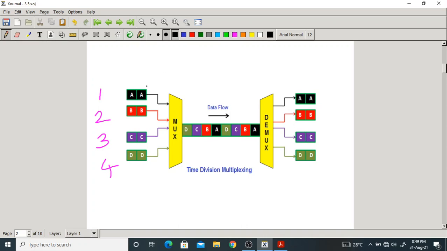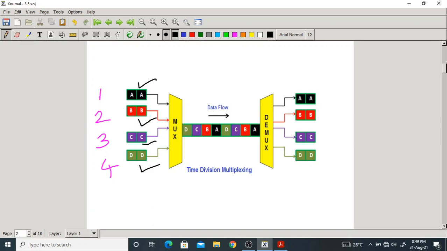We allocate a time slot to each user. First let us take user 1. We transmit the first alphabet, A. Next, from user 2, we transmit the first alphabet, that is B. From user 3, we transmit C. From user 4, we transmit D. One after another, so we are sharing the time.